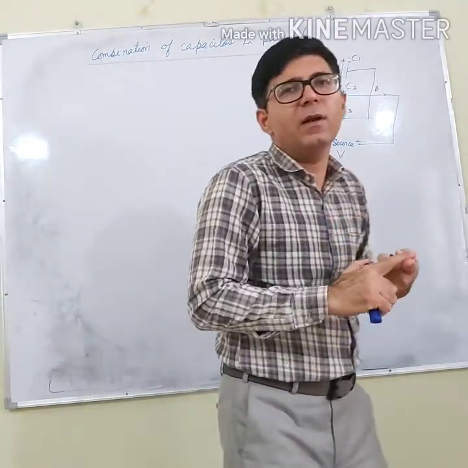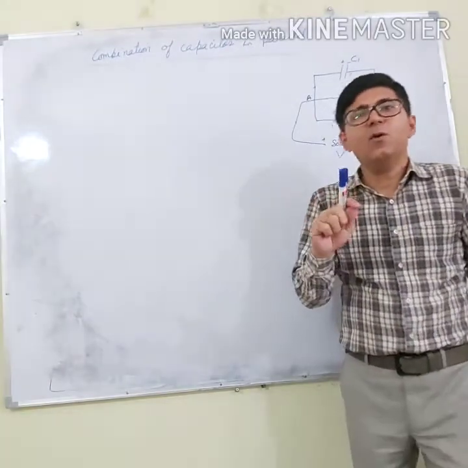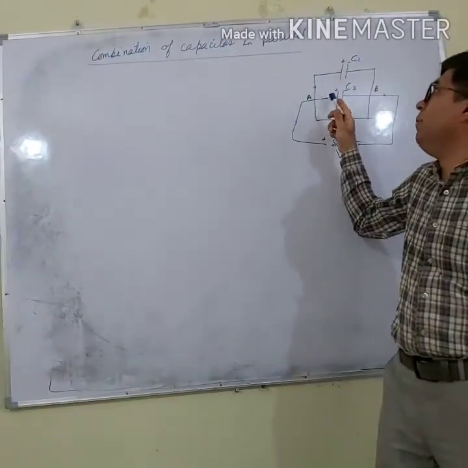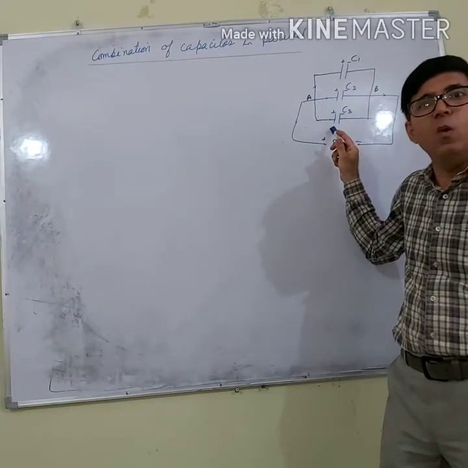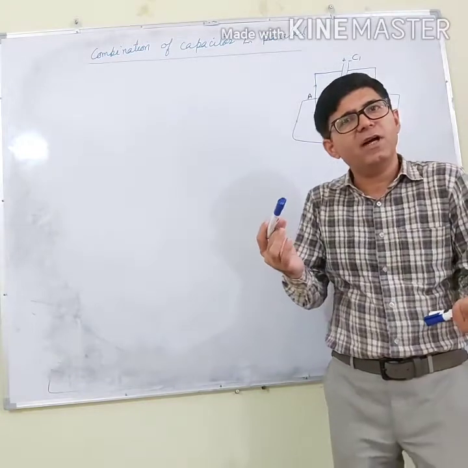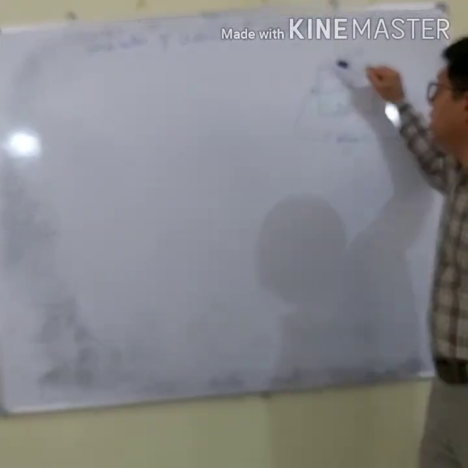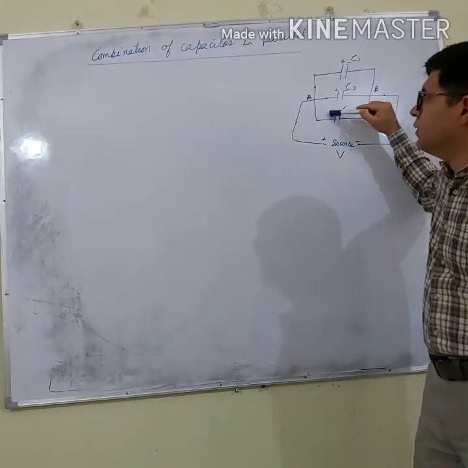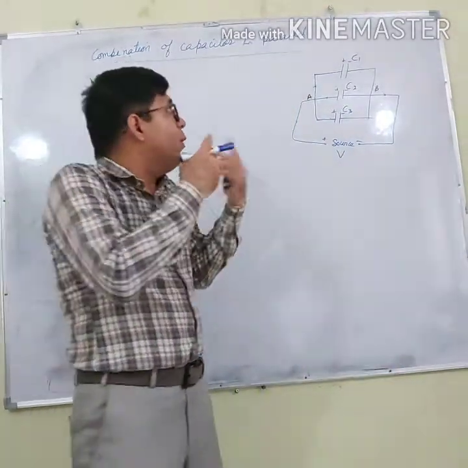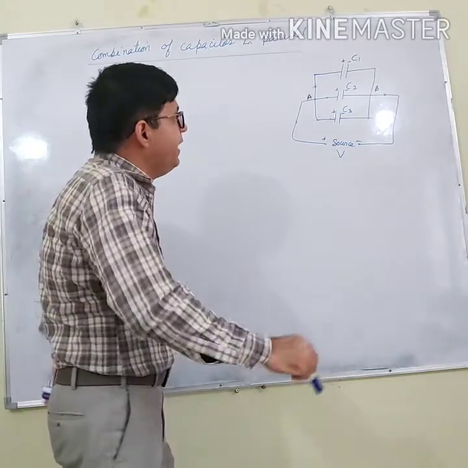So what is a parallel combination? Parallel combination is one in which there are multiple paths for the flow of charge. How many paths of flow of charge are there? There are three paths. 1, 2, 3.